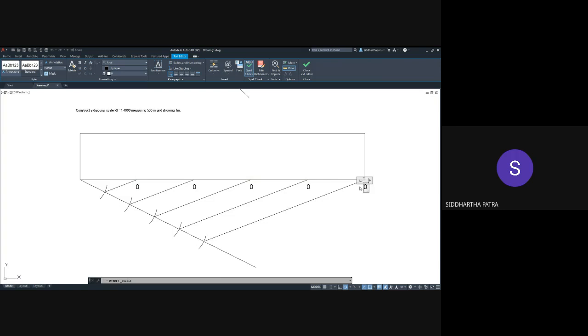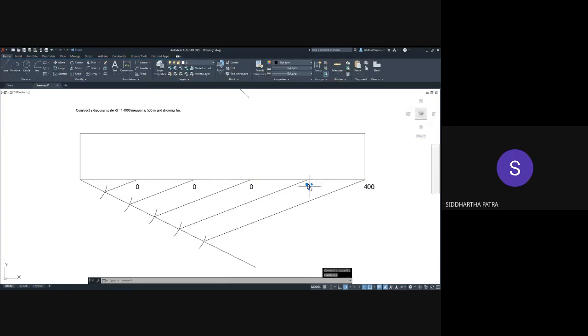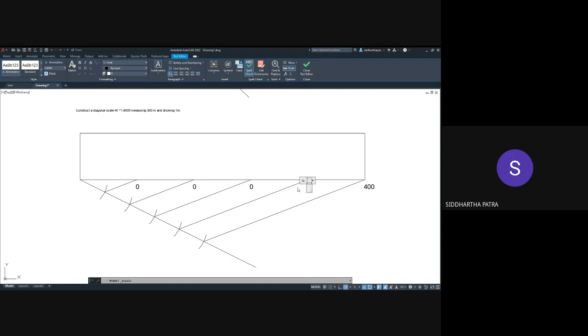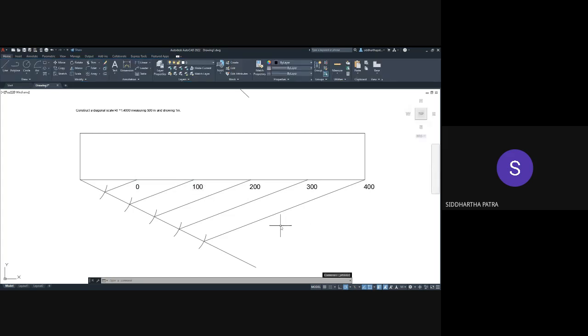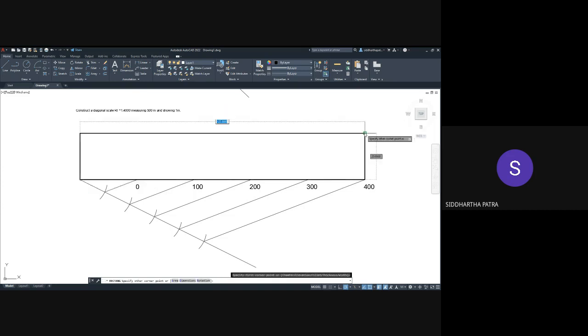So this is 400. This is 300. This is 200. This is 100. Now we can bring in our thick layer and draw a rectangle, and the vertical lines.